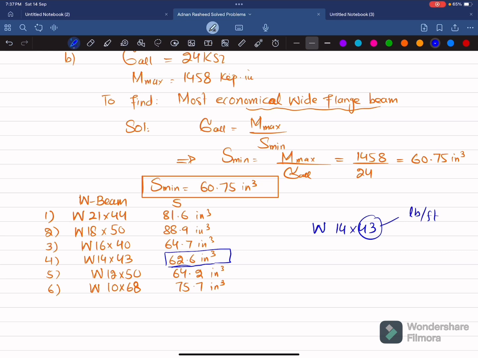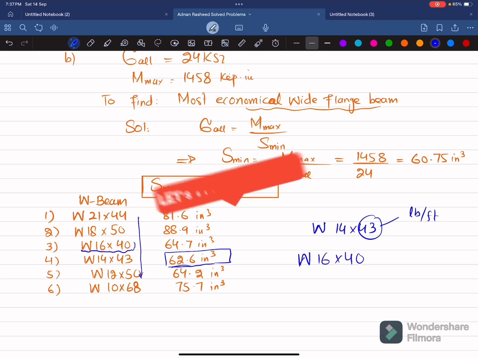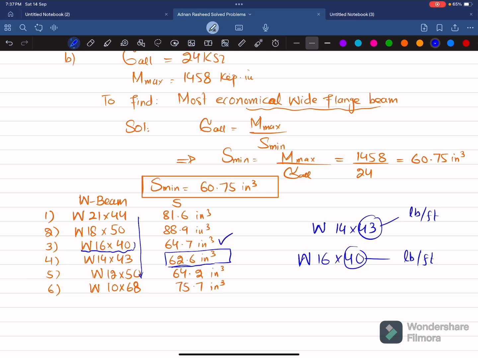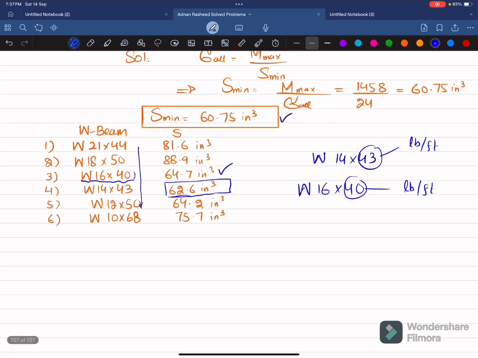So we have to select a lesser weight, and among all these options, you can see this W 16 into 40 is having the smallest weight per feet, and its section modulus is greater than the minimum section modulus. So what we will choose?